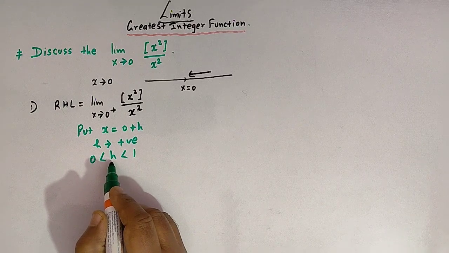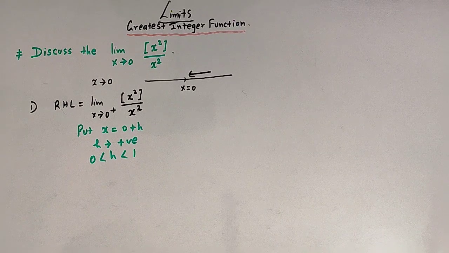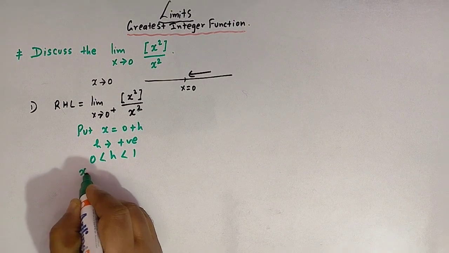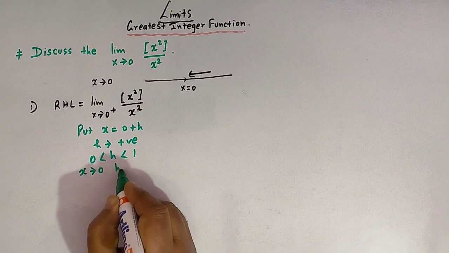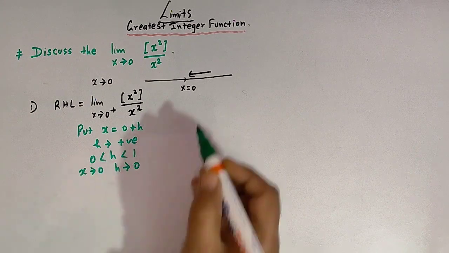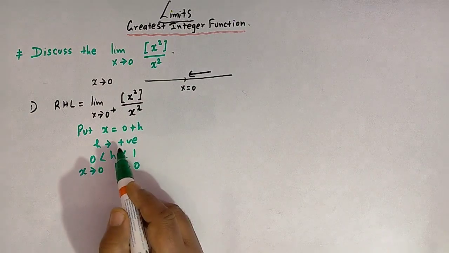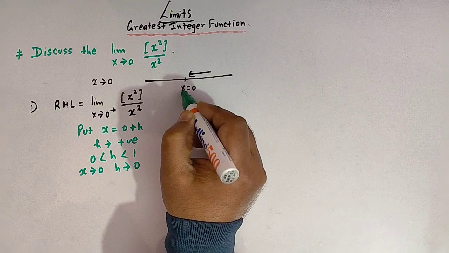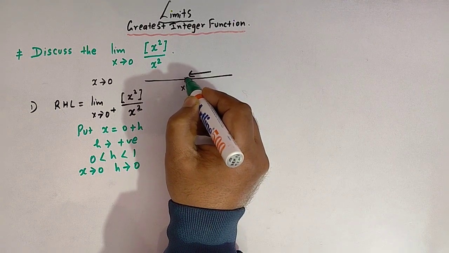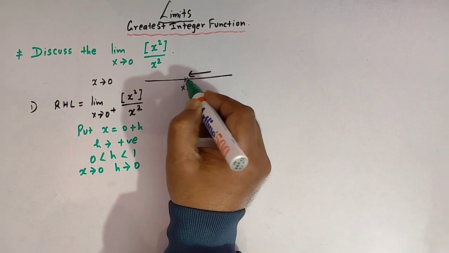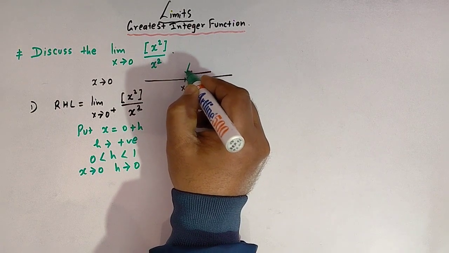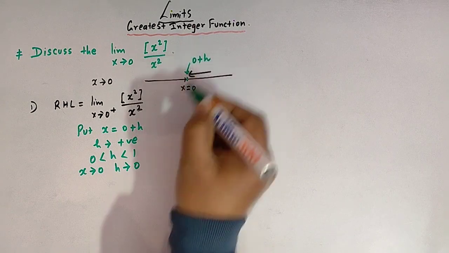Always remember that h is a very, very small quantity, and when x tends to 0, obviously h tends to 0, right? So we are taking a point in the neighborhood of x is equal to 0, but towards the right of x is equal to 0. This point is our 0 plus h.